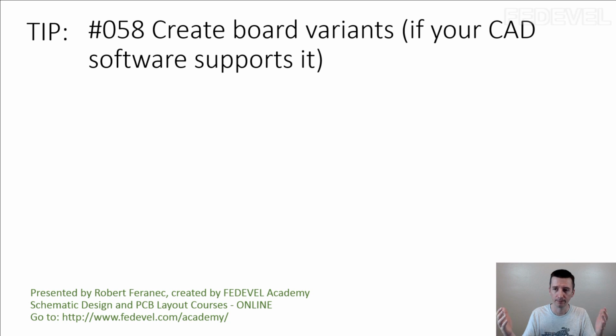Again, if you have to create the variants manually, it's going to be time consuming and very risky. You must not make mistakes. Otherwise, all the 1,000 pieces which are going to be manufactured from the BOM for your variant may have some mistake and need to be corrected. You don't want to do it.